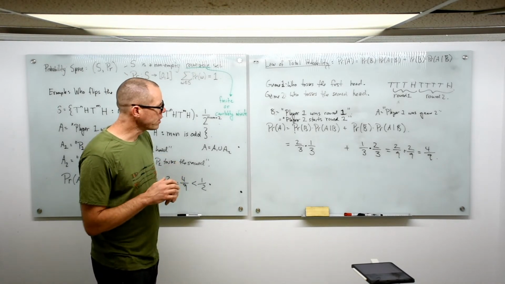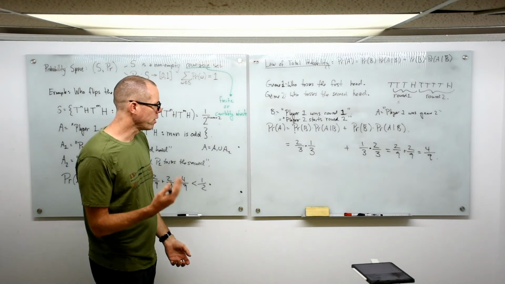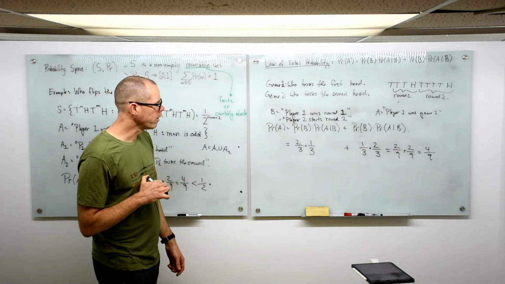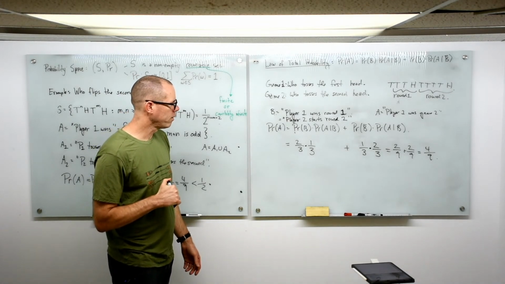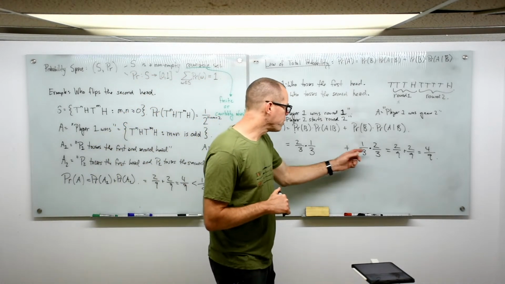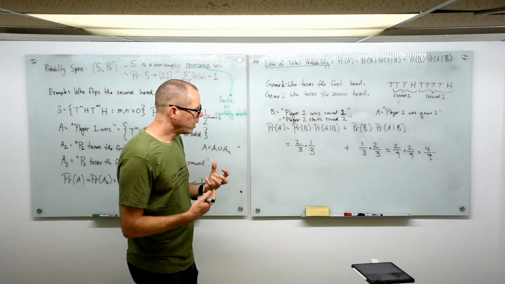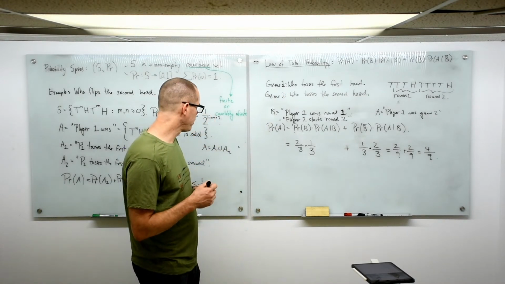But breaking it up this way into those two events based on who wins the first round, who wins the second round, gives you an easy proof. And some of that proof also showed up when we did the calculations.